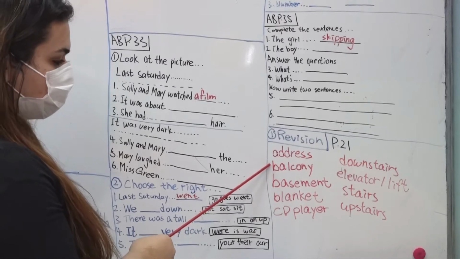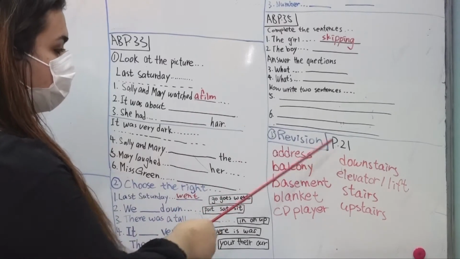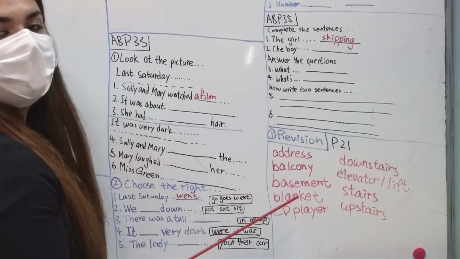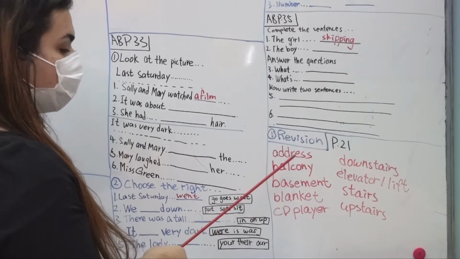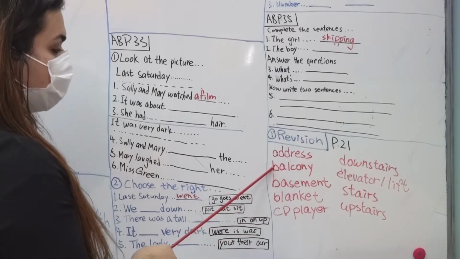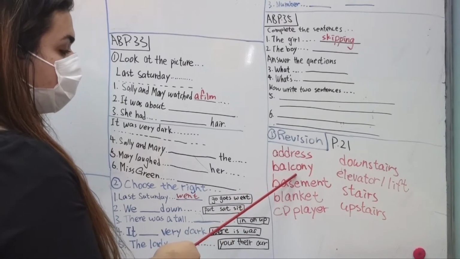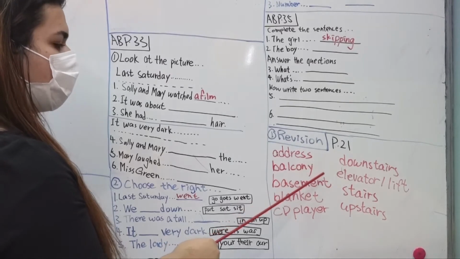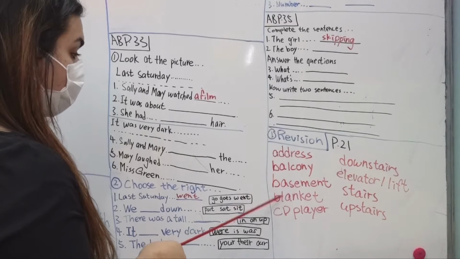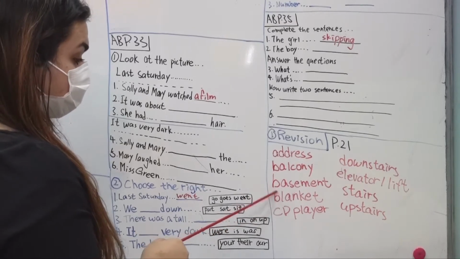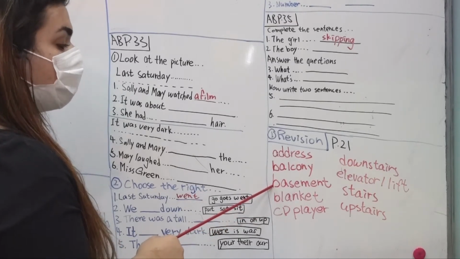Alright, let's go with this. That should be number 2 in your book, okay? Page 21. That is called balcony. Balcony. Let's spell balcony. B-A-L-C-O-N-Y. Balcony. Alright. Here. Okay. That is called basement.